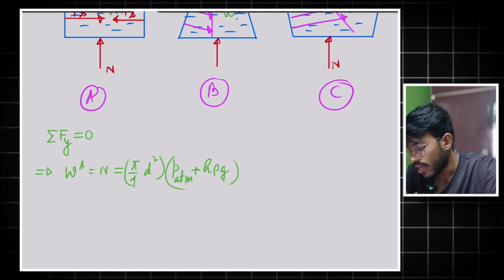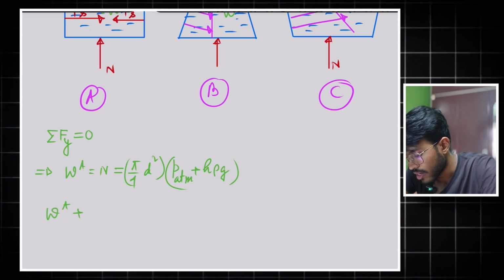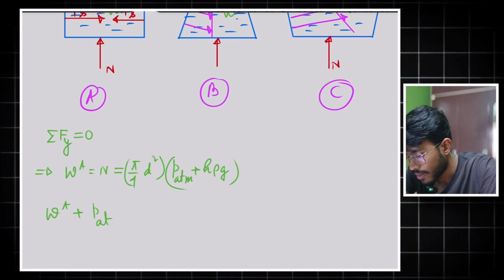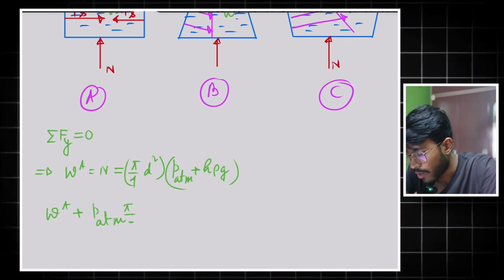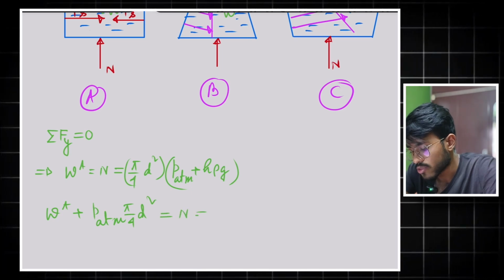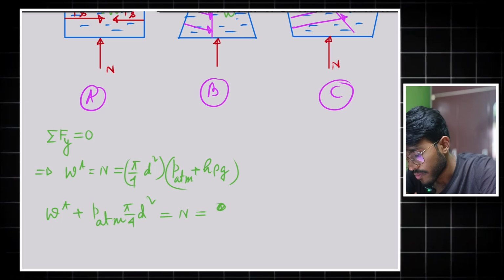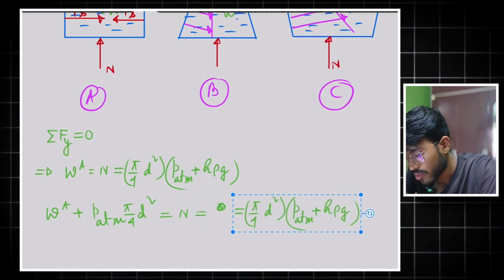Otherwise, what will be the equation? That will be WA plus this force, PATM into pi by 4 d square, is equal to N, and that is this thing. So I will just copy it. Copy, paste. Okay. So this will be the thing.